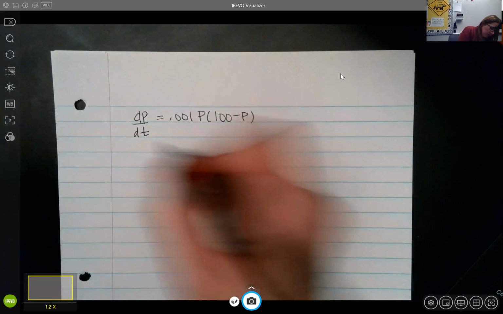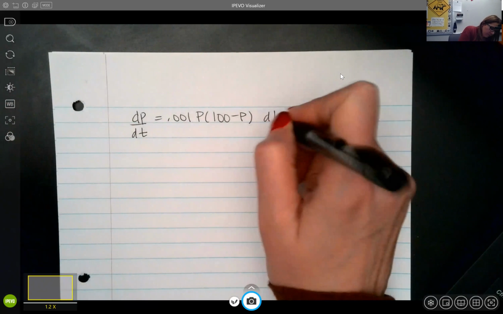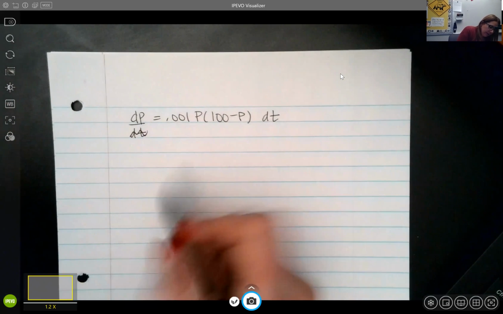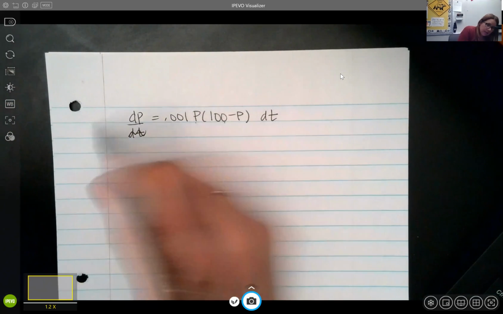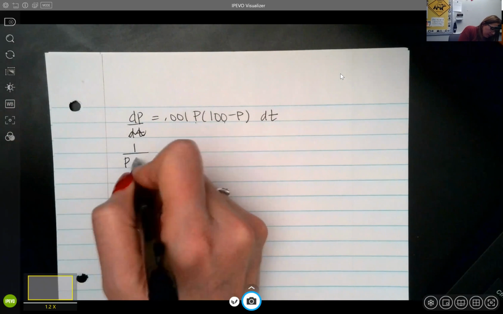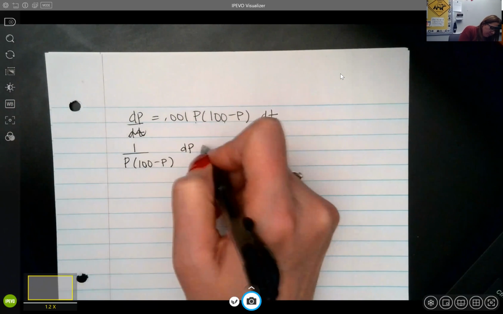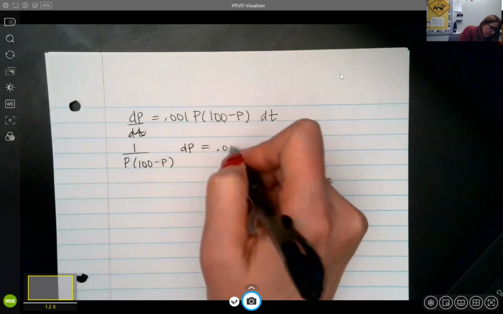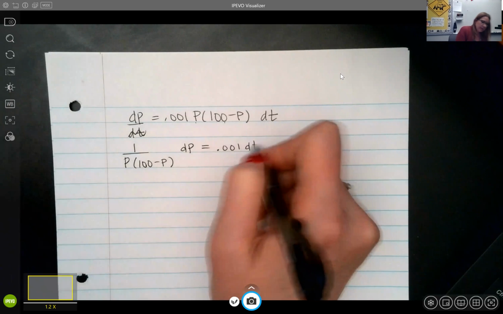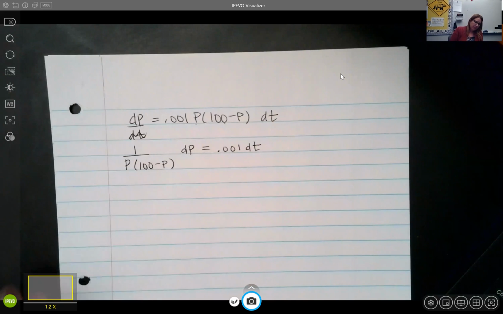I'm going to multiply by dt up here, but then I have to take my P's to the other side by dividing. So 1 over P times (100 minus P) dP equals 0.001 dt. That's our first step: separate the variables.